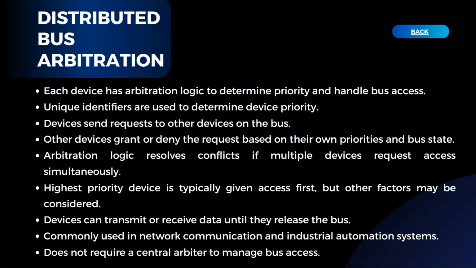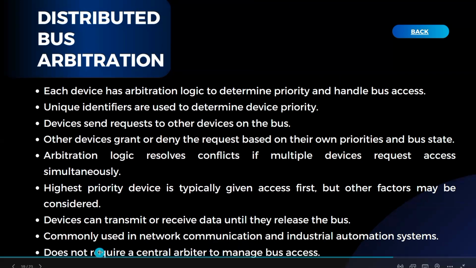Each device may have a unique identifier, such as an address or code, that is used by the arbitration logic to determine its priority. When a device needs to access the bus, its arbitration logic sends a request to all other devices on the bus, indicating its priority and the type of access it requires.